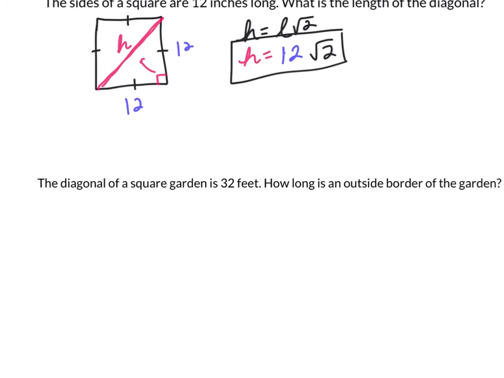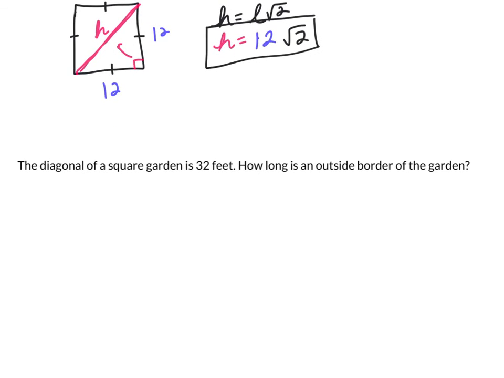Okay. And then last but not least, the diagonal of a square garden is 32 feet. How long is an outside border of the garden? Okay, so if we have our square garden, we'll color it green. We know it's square, so all four sides are congruent. We want to find the outside border length, and we're told the diagonal is 32 feet long.